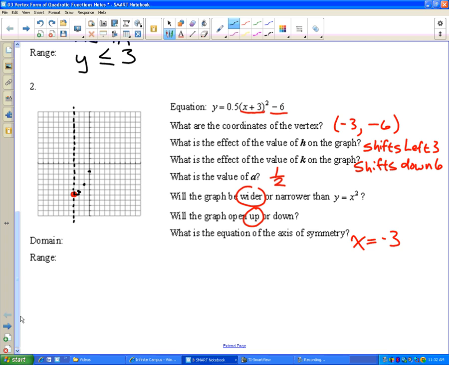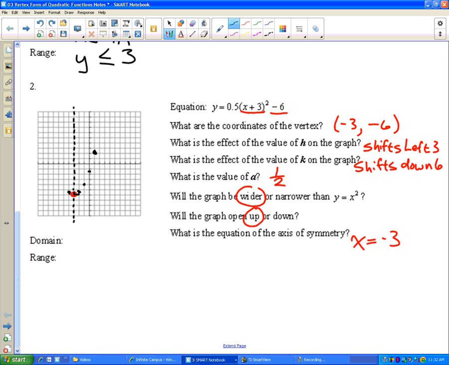Out 1 and up 1, 2, 3, 4. Excuse me. 1, 2, 3, 4, 5, 6, 7 halves. 7 halves is 3.5. 5 halves is 2.5. 3 halves is 1.5. I'm going to do the same on the left. Go out 1, up 1/2.